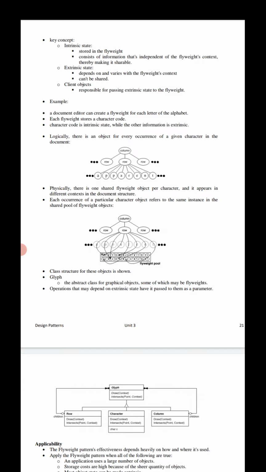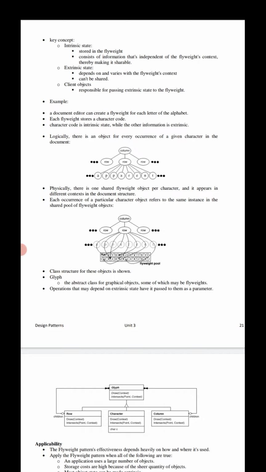Each flyweight stores a character code, but its coordinate position in the document and its typographic styles can be determined from the text layout algorithms and formatting commands in effect wherever the character appears.